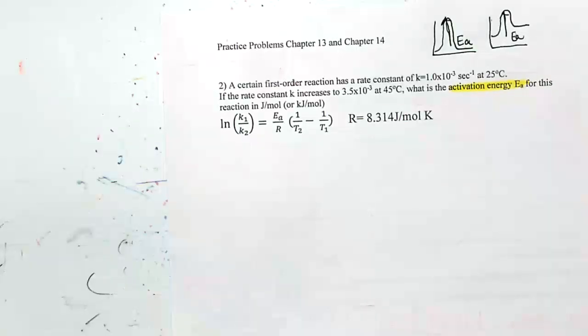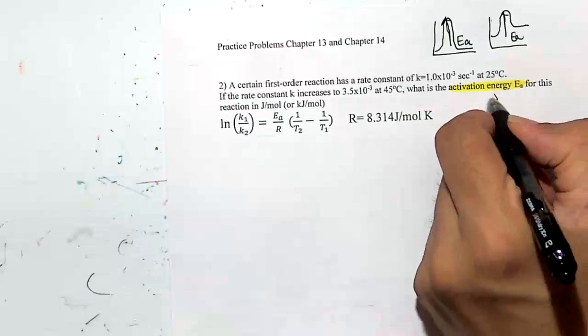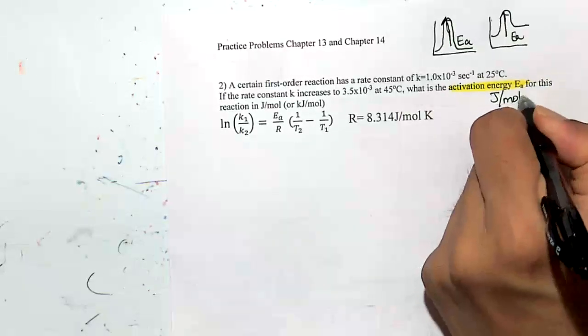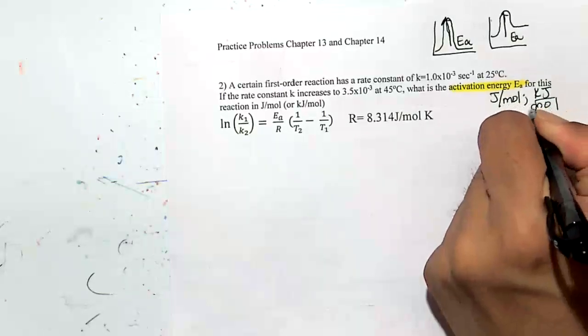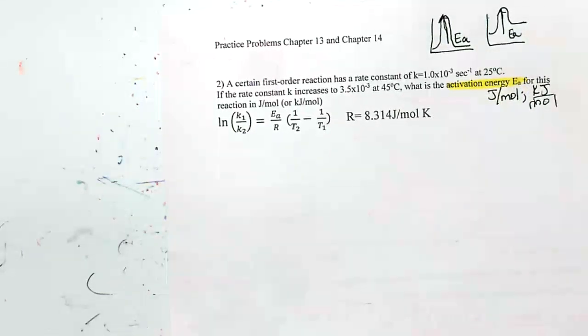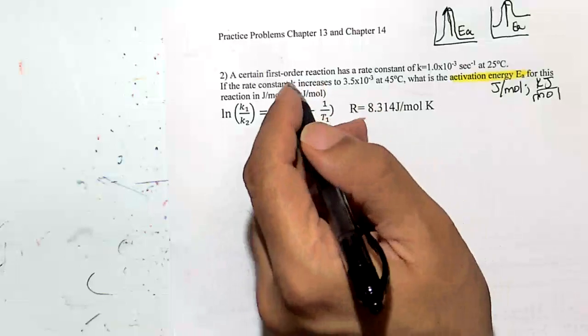So the energy that the reaction must get in order to form products, we call that EA. The units of this are going to be in joules per mole, or you can just say kilojoules per mole. Okay, so make sure you are good with the units.